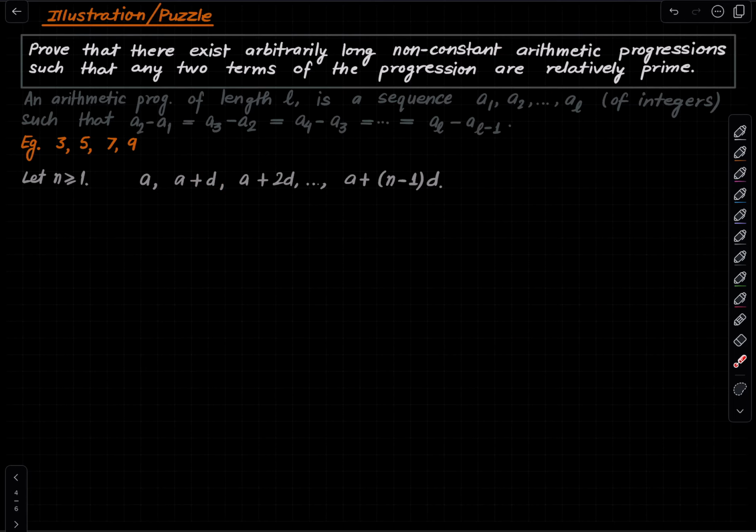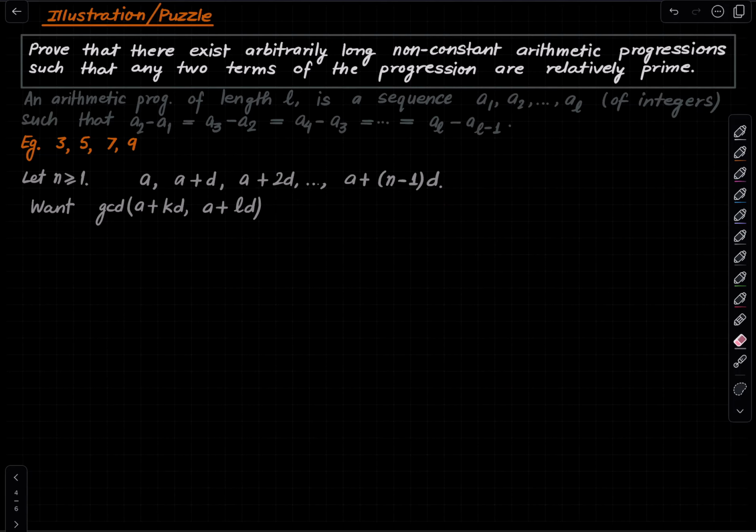And what do we want? We want all of them to be pairwise relatively prime. Any two terms in this progression should be relatively prime. So we want the GCD of a plus kd and a plus ld, where k and l are different, to be 1.